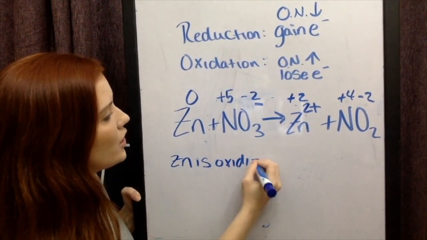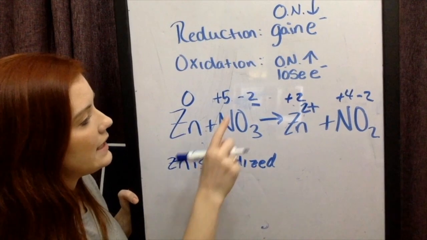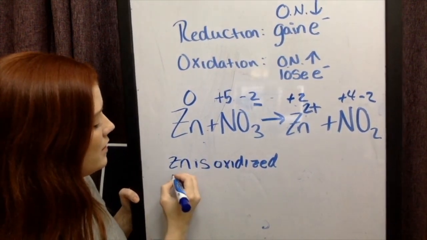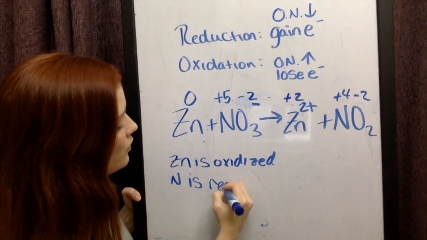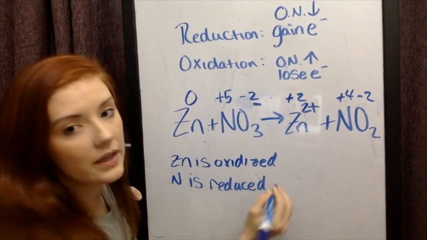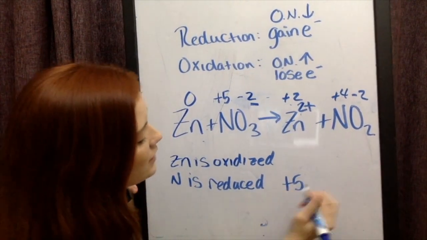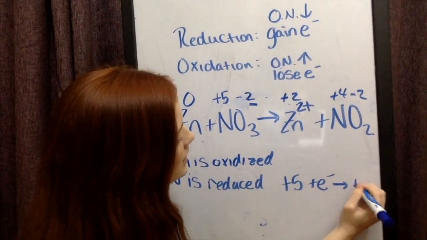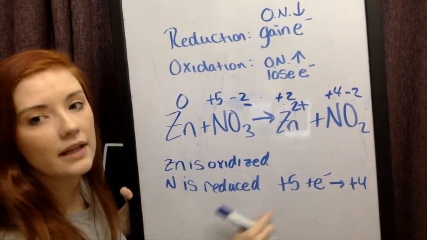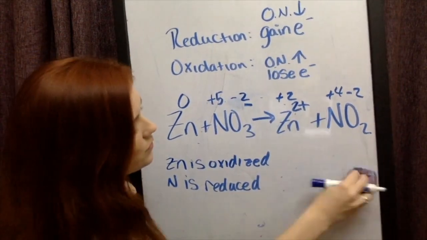Whereas nitrogen goes from +5 to +4, so it is gaining 1 electron. So nitrogen is being reduced. A good way to think about that is if we have 5 electrons and then we add another electron to nitrogen, it's going to be +4. This is how we write electrons, remember. You don't have to know that, but it might be a good visual for some people.